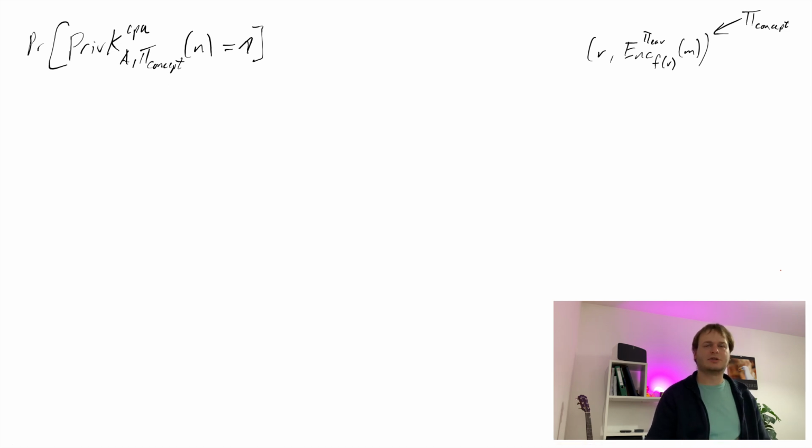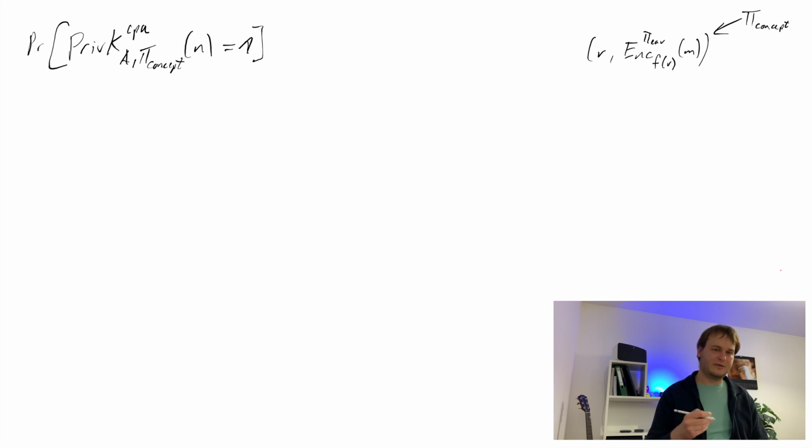But remember that the conceptual scheme had a shortcoming. If we use the same R twice, then trouble happens, because then we use the same key to encrypt something with an eavesdropping-secure scheme, and eavesdropping-secure schemes are not necessarily secure if we use the keys multiple times. So if our challenge ciphertext uses the R that was also used for some other encryption query, something may go wrong. For this reason, we do a case distinction, whether or not this event happens.